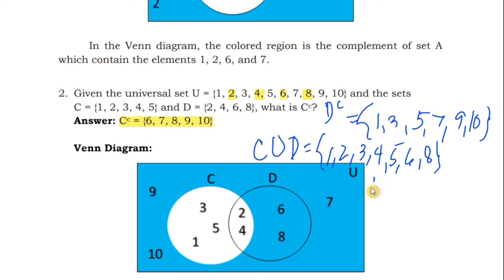So how about if we have C union D complement? Since we have the union of C and D, its complement is what we have now.